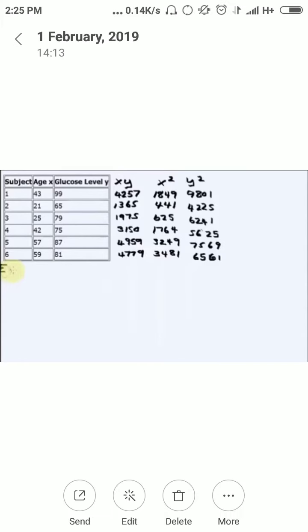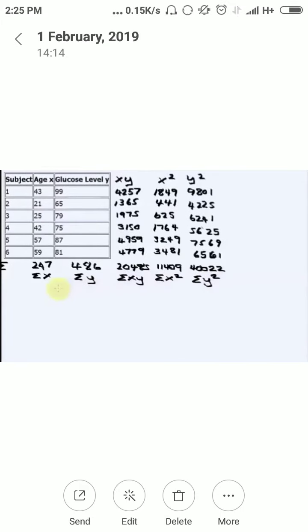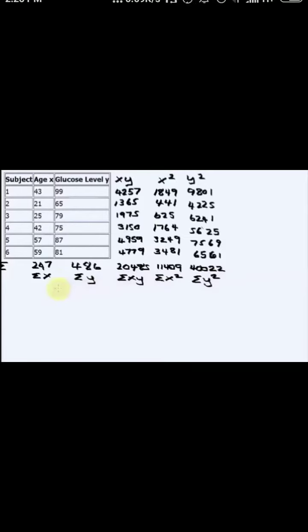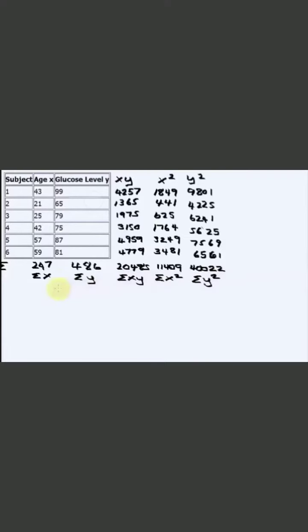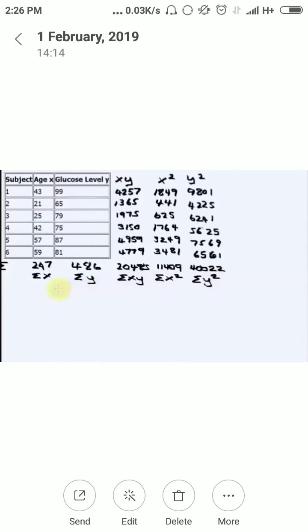And finally we'll take the sum of all the data here: the sum of X, the age group, the sum of Y, the glucose level, the sum of XY, the product of X and Y, the sum of X squared, and the sum of Y squared.